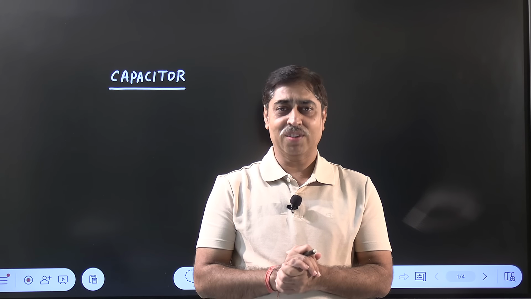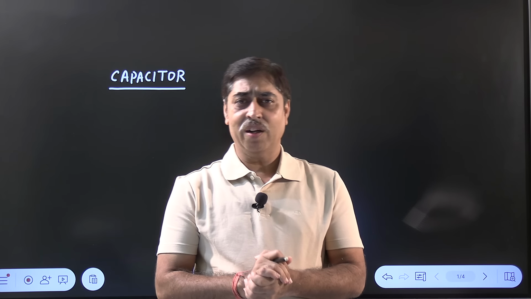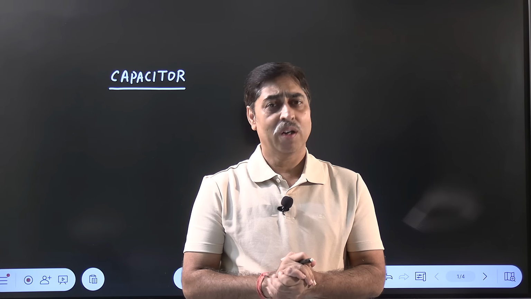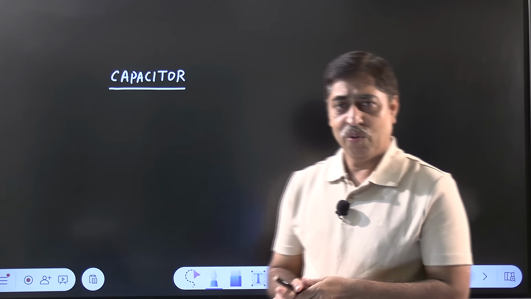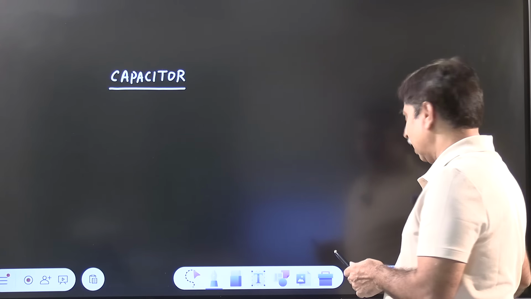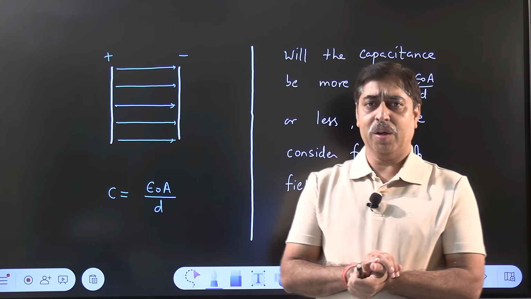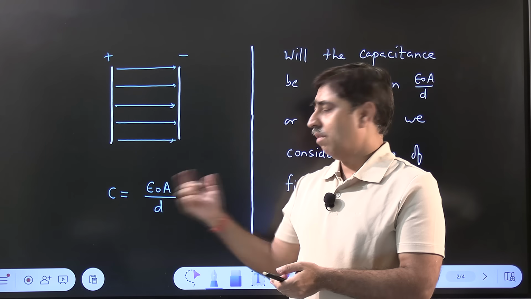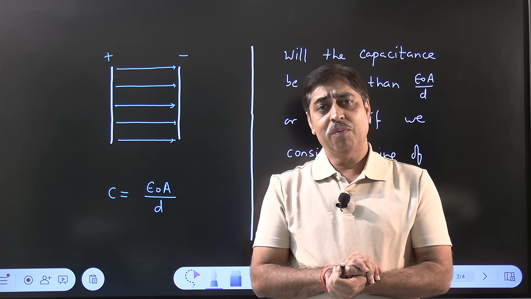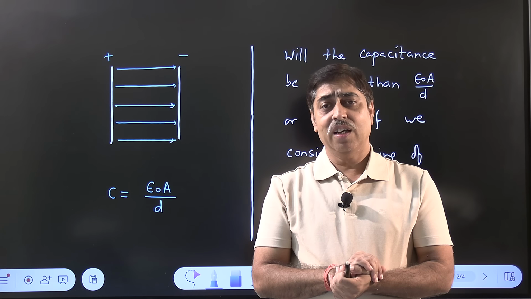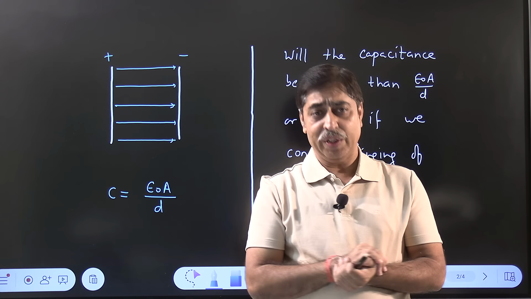In this short session, we are going to investigate a theoretical question related to the capacitance of a parallel plate capacitor. We all have studied that an ideal parallel plate capacitor has a capacitance given by this formula. Epsilon naught is the permittivity of free space, A is the area of each of the two plates, and D is the separation between them.